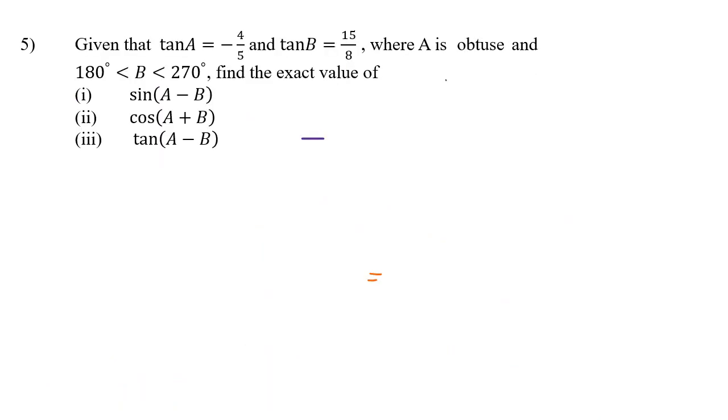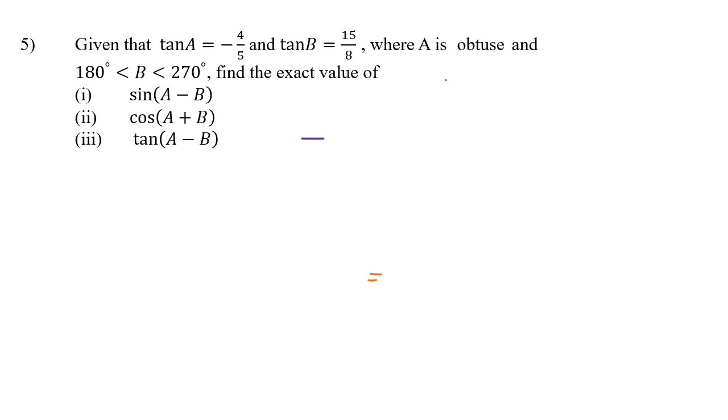Right, so these questions require us to know which quadrants angle A and B are supposed to lie in, so that we can draw the right angle triangle at the correct quadrants. You're given A is obtuse.